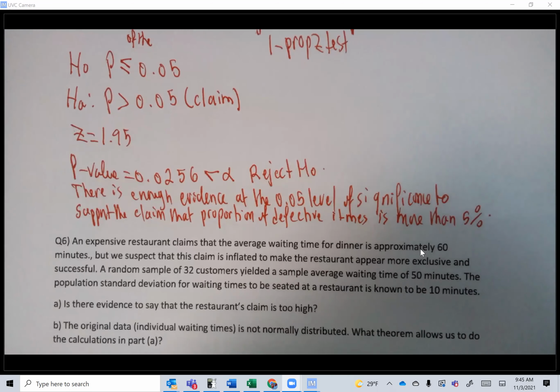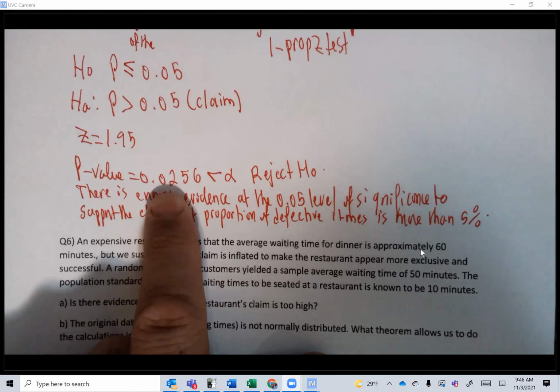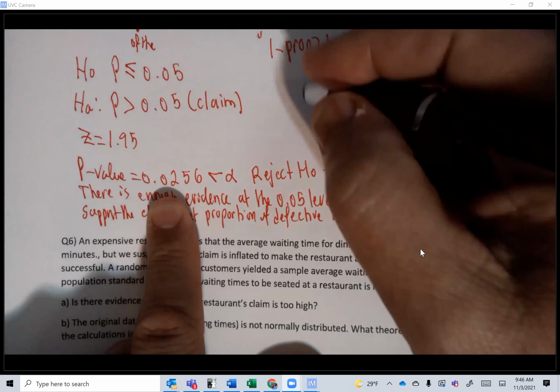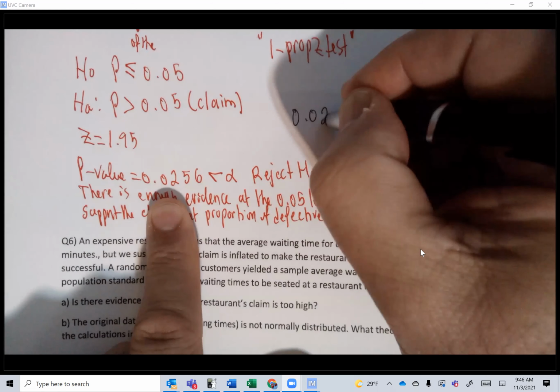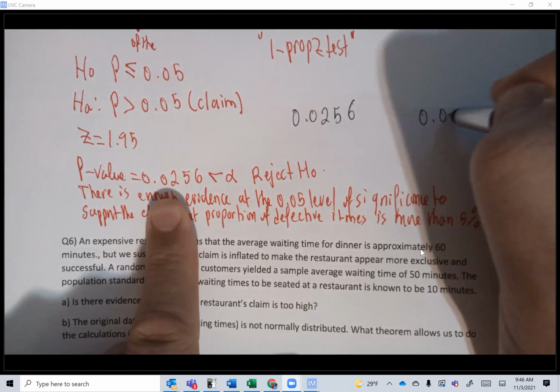Mr. Bazzi, I'm not sure if I'm missing something, but I'm a bit confused. How is 0.0256 more? Oh, it's not 0.256, it's 0.0256. Here's how I compared it. Watch. Put this and put that right there.